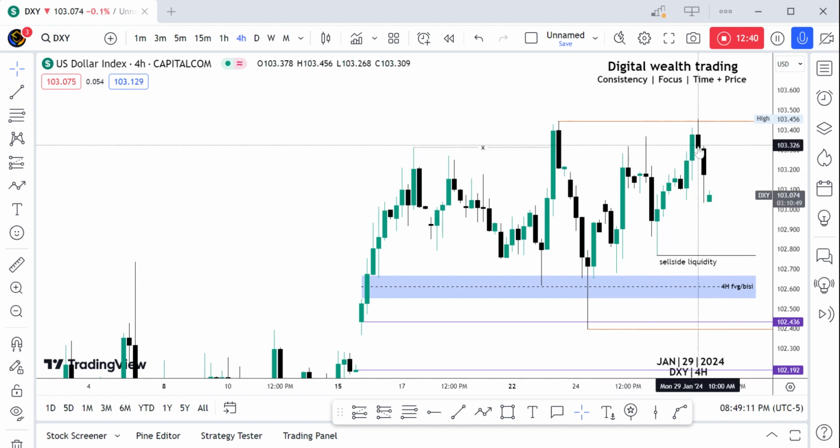It indicates that we might see price rally back into the sell side liquidity, which is our initial target going in tomorrow. But before we get there, we need to close this opening gap that occurred today, because we closed here yesterday and the new open has already dug lower.